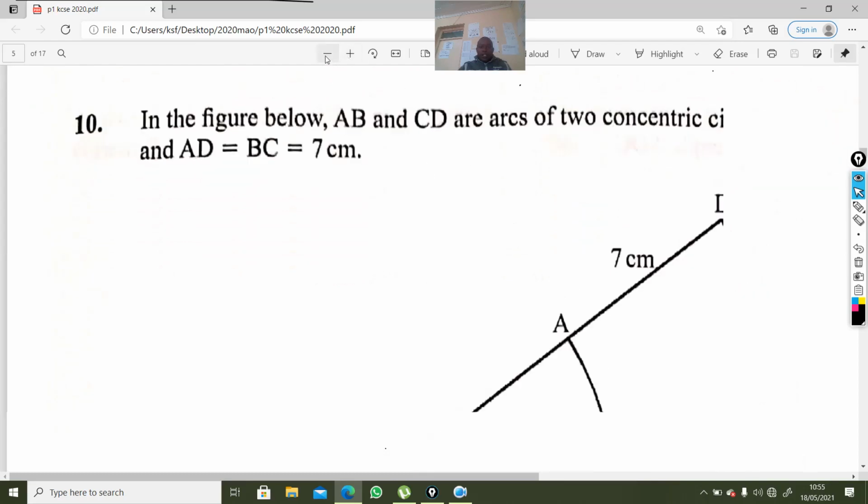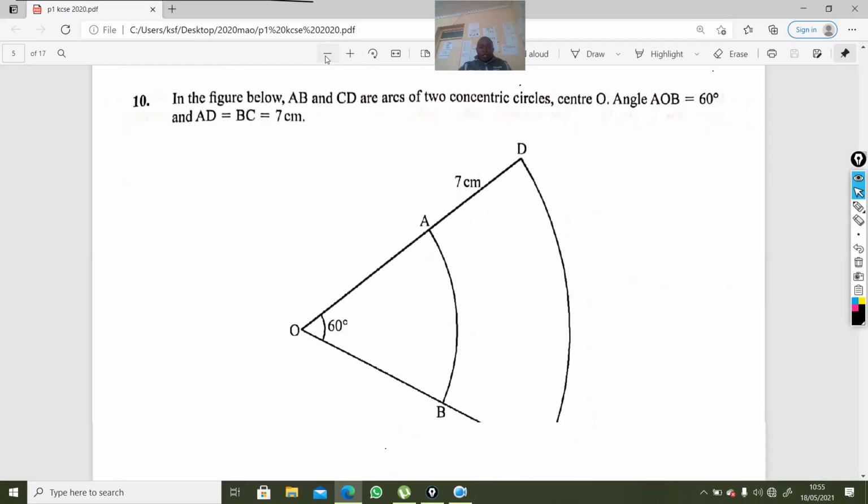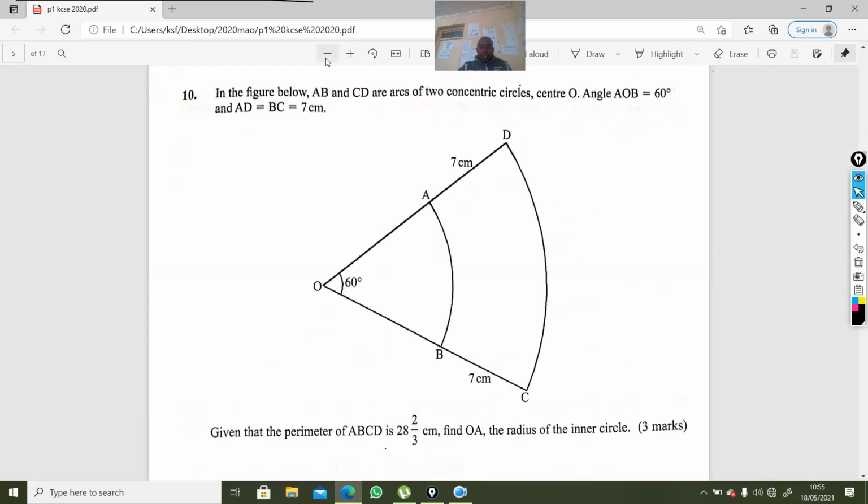Let me reduce it so that you will see it properly. We are told that in the figure below, AB and CD are arcs of two concentric circles that share a center O, and the angle A will be 60.